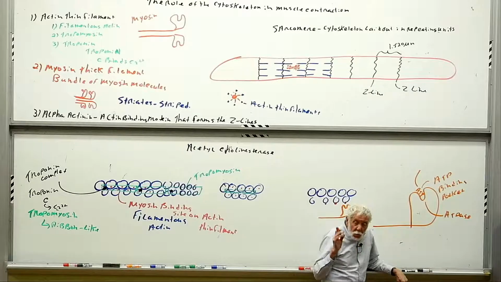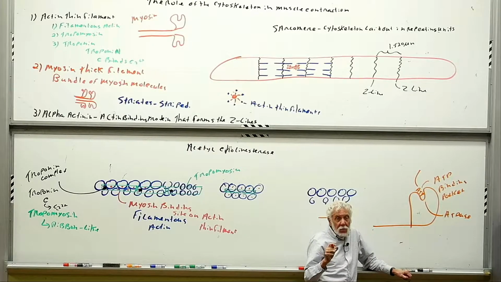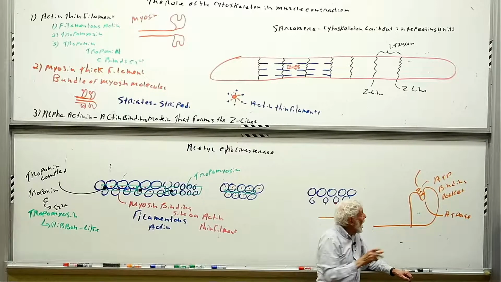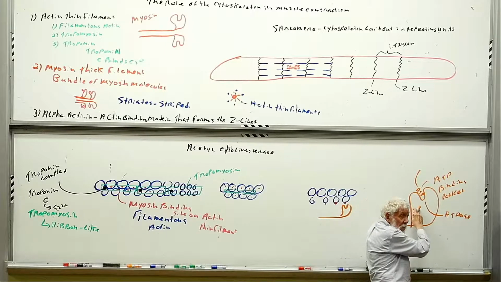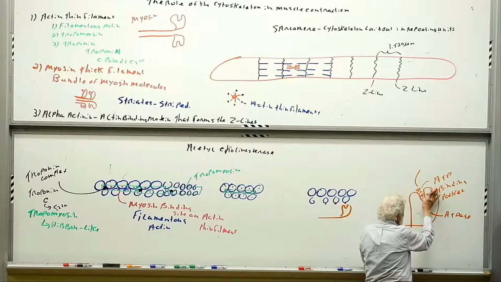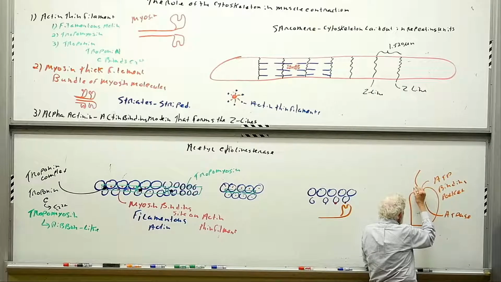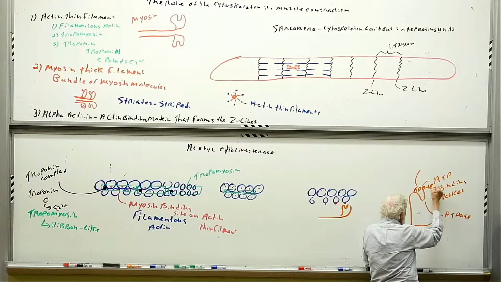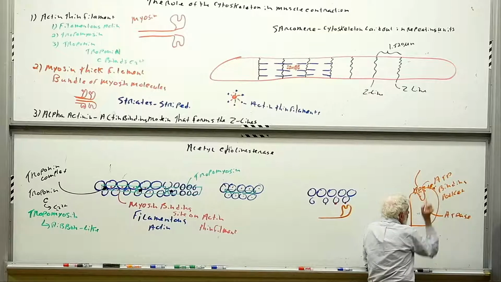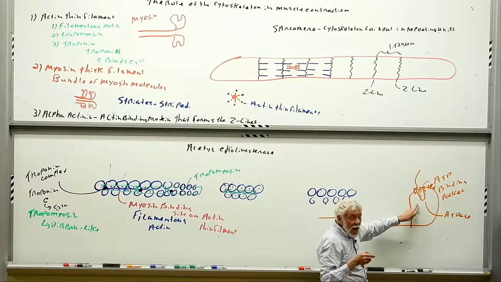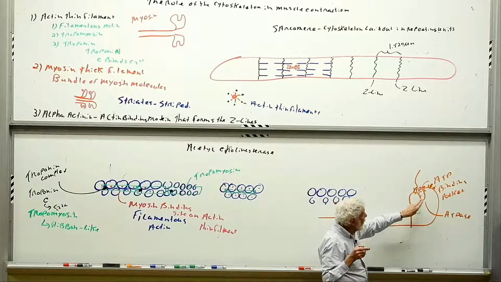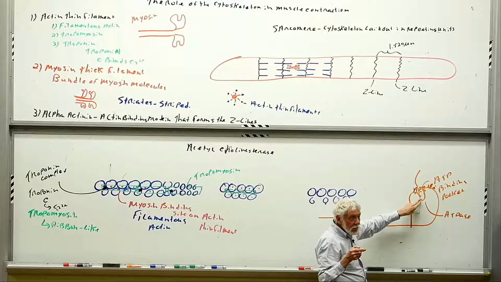The myosin head is a really, really efficient ATPase. So almost immediately after the ATP binds to that binding pocket, the ATP is converted to ADP and inorganic phosphate, adenosine diphosphate plus inorganic phosphate. And it can sit for hours.